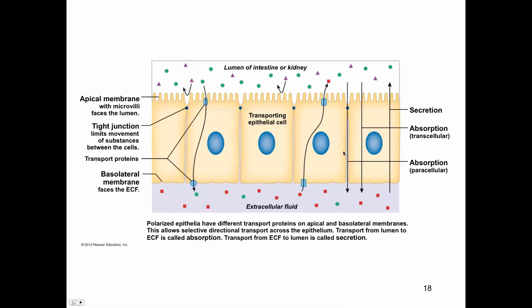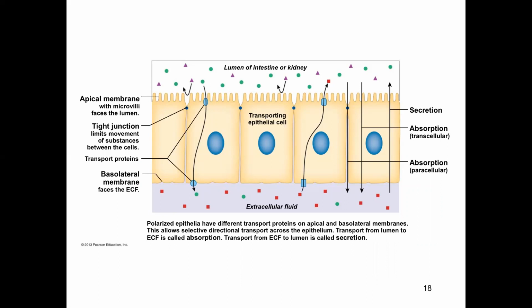Sometimes it can go between the cells, so there's a paracellular kind of thing, but usually it goes through the cells themselves. And we say that these epithelia are polarized, so they have a definite sidedness to them, right? So they've got one side where they're attached to the basement membrane, and the other side is this lumen, okay? And there's going to be different proteins on different sides, all right? So these are polarized epithelia, and it's very important to their function, okay?